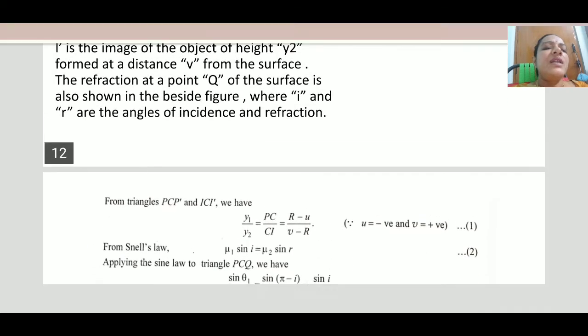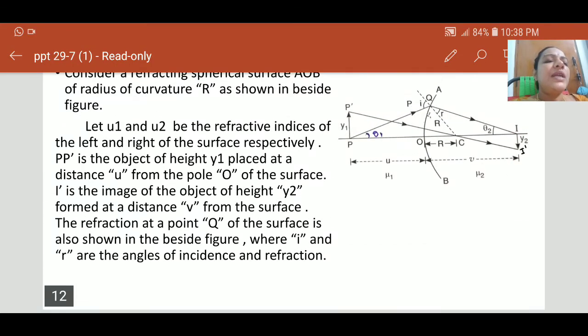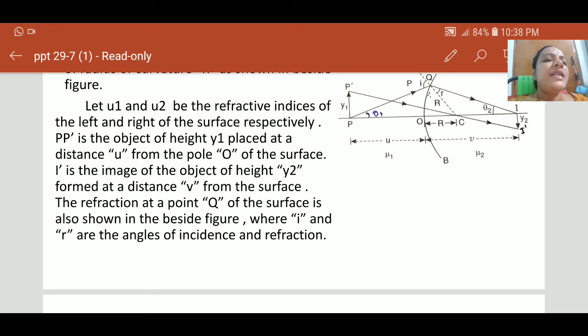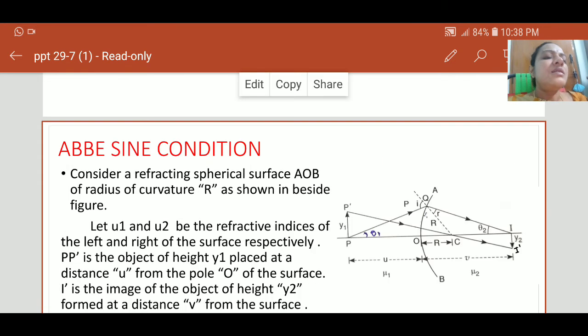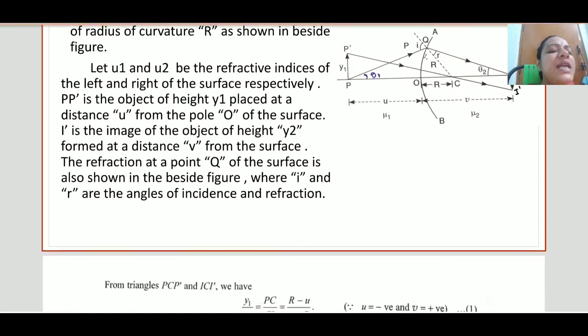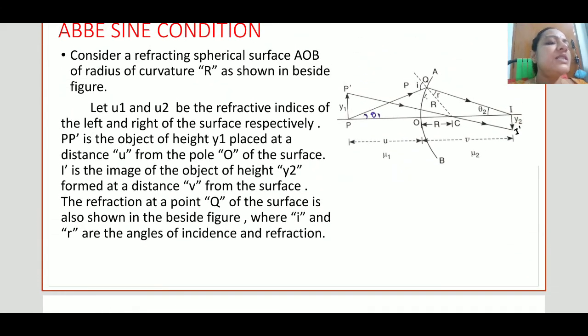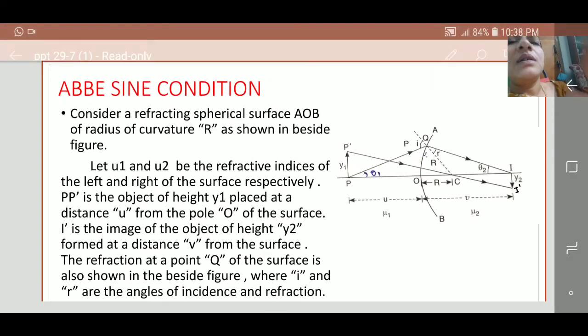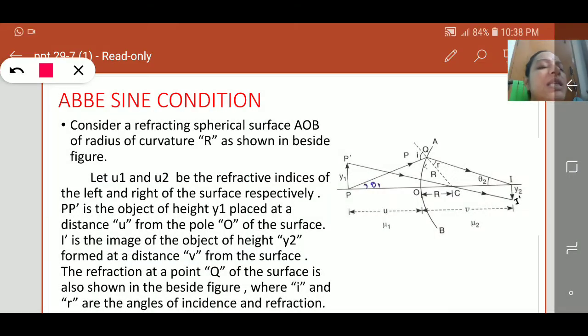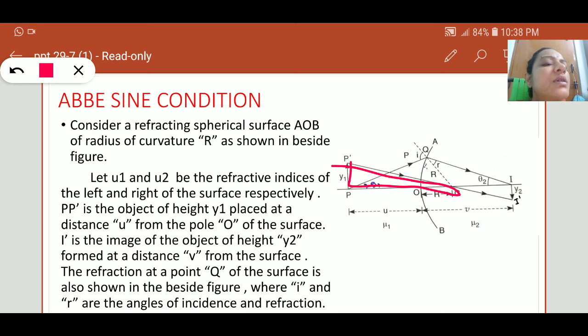To prove this one, just take these two triangles, PCP dash and ICI dash, that you are observing in this slide. Only considering these two triangles we can derive this.